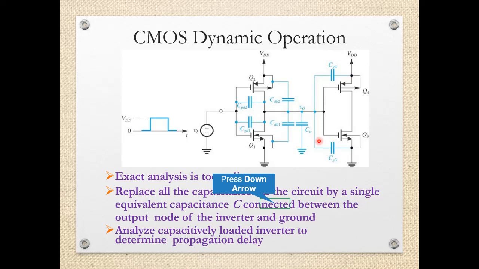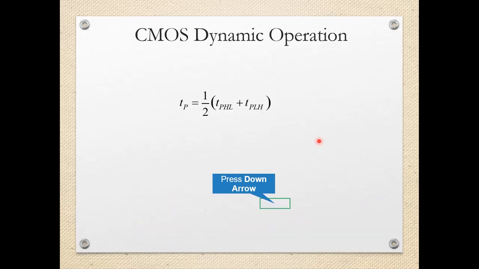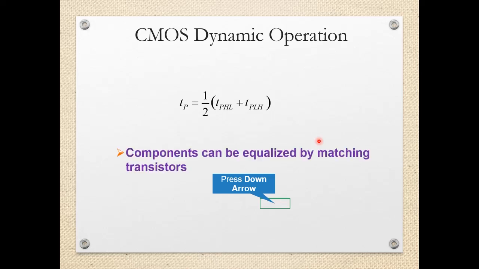So by this way we can find out the dynamic operation of the CMOS. In this dynamic operation, the propagation delay comes into the picture. This term we have already studied: the propagation delay for the output to change from high to low and low to high, both are to be considered, because there may be slight variation and hence the average of the two is taken. So components can be equalized by matching the transistors.